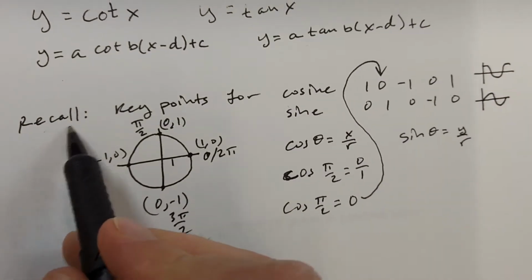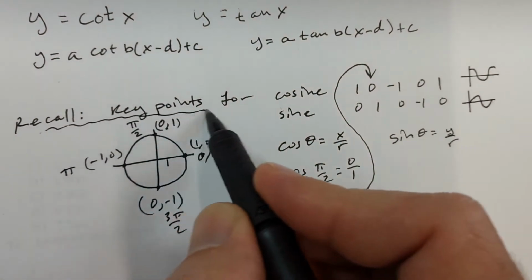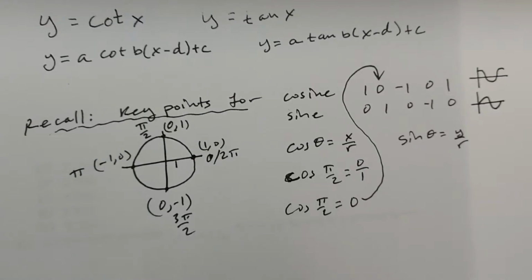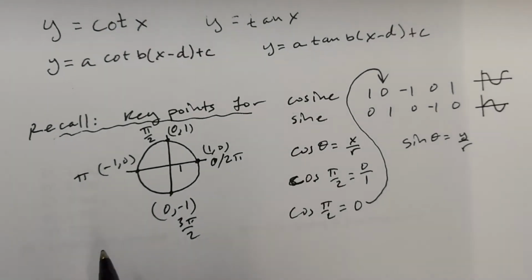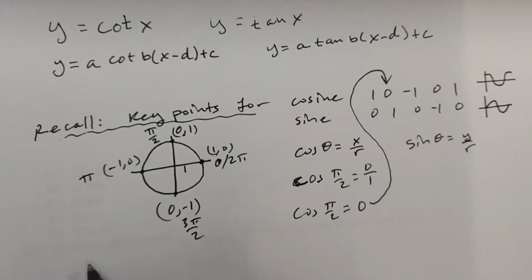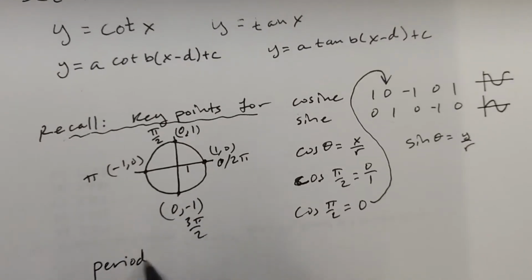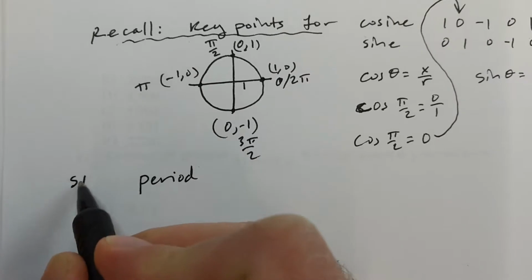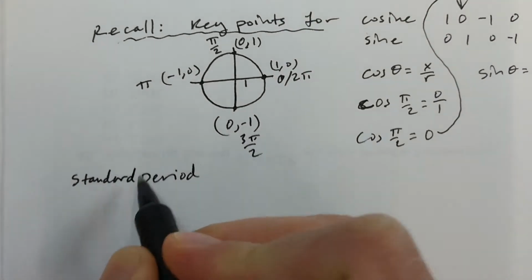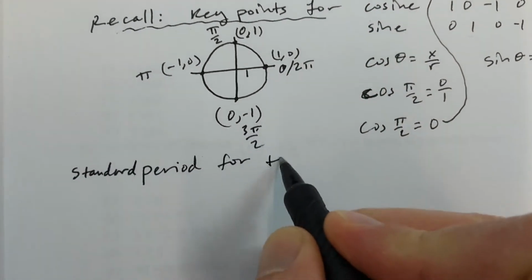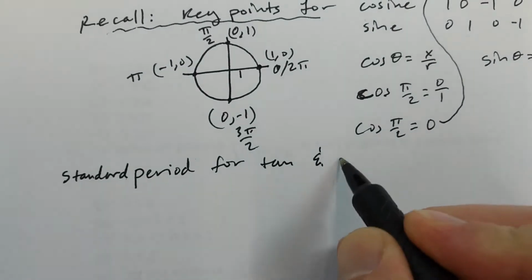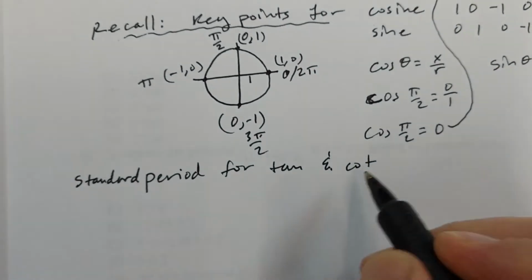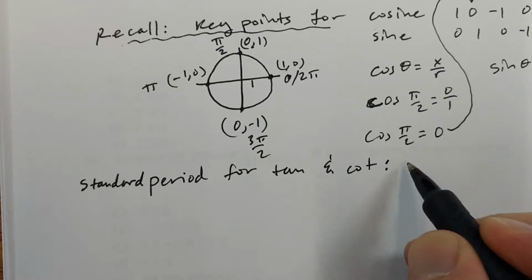The way we'll do this for the tangent and the cotangent function is we'll use this same circle, but we need to recognize that a period, and when I say a period, I mean a standard period, for the tangent and cotangent functions is only pi units.